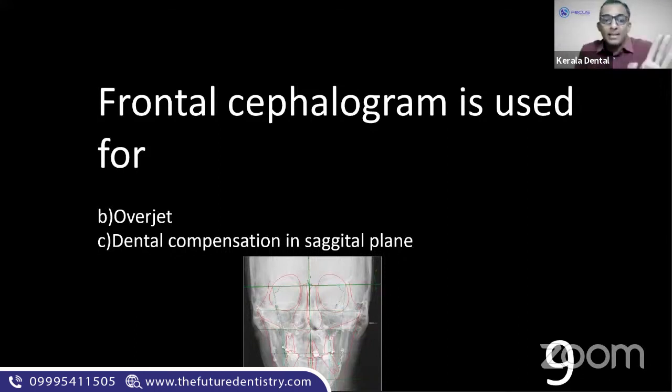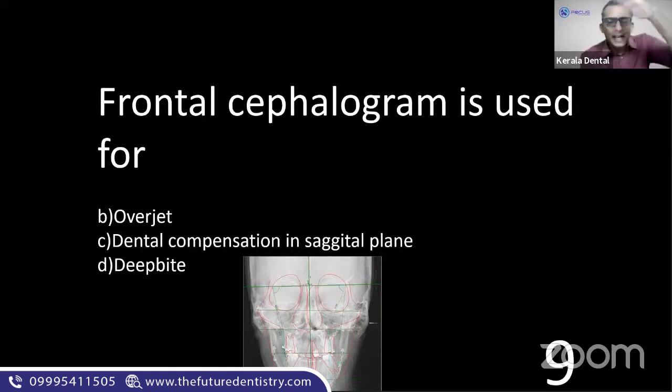So lateral cephalogram is sagittal. Frontal cephalogram cannot talk about dental compensation in the sagittal plane. Sagittal is side. Frontal cannot talk about side.